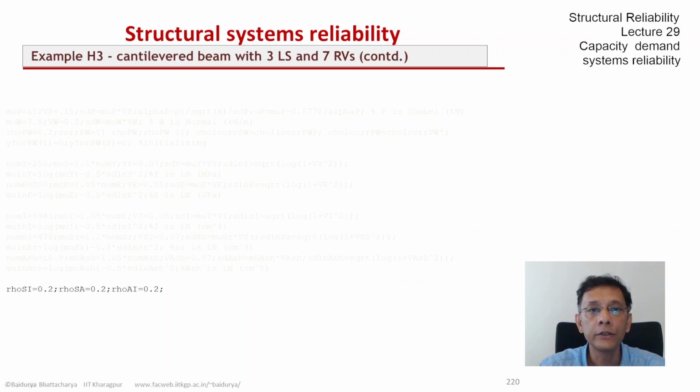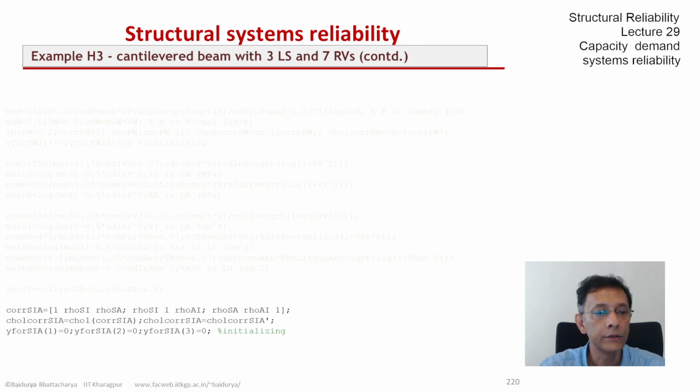But then I need to incorporate their dependence. So I have been given the correlation coefficient between each pair, which happens to be 0.2 for each of them. So I need to define the 3 by 3 correlation matrix, which you see in the first line there. It's 1 rho SI, rho SA, then next line rho SI 1 rho AI, and the last line is rho SA, rho AI, and 1.